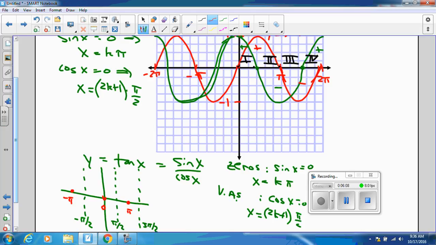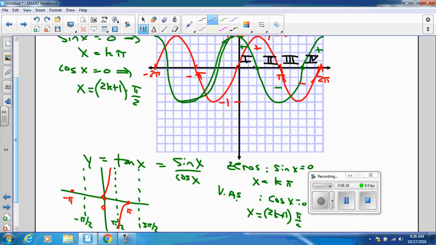And now I'm going to use the quadrant information to tell me the behavior near the asymptotes. In quadrant 1, both sine and cosine are positive, so my graph must go up to positive infinity. In quadrant 2, sine is positive but cosine is negative, so my graph must come up from negative infinity and hit 0.